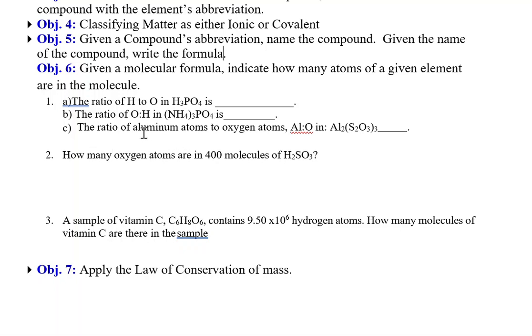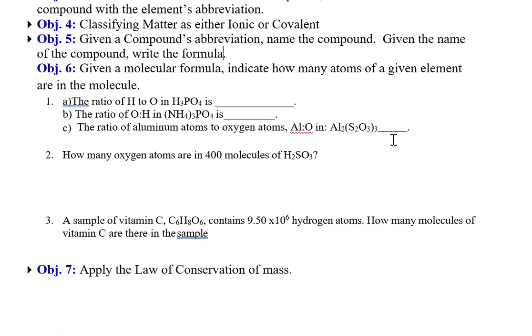I want to know the ratio of aluminum atoms to oxygen, so that's Al to O. Here I have 2 aluminum atoms, and I have a total of 9 oxygens on the other side, because I have 3 inside the bracket times 3 outside. So my ratio of aluminum to oxygen is going to be 2 to 9.